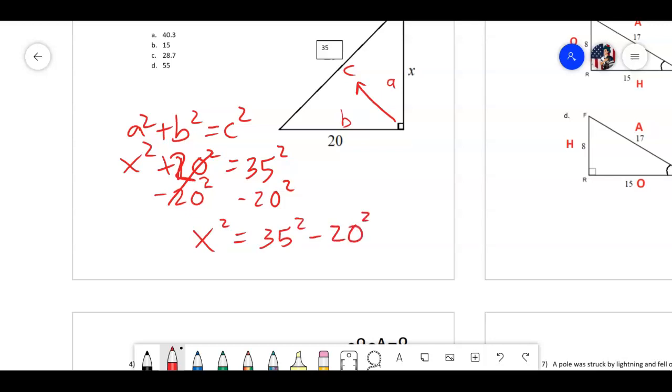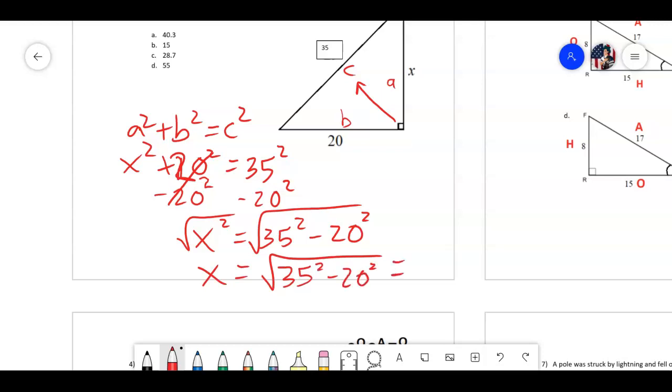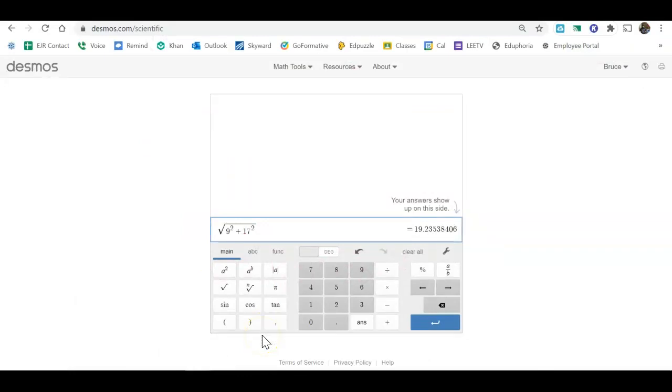And then our last step to get rid of that square is square root. So what we're going to put in the calculator is square root of 35 squared minus 20 squared. And we get 28.72.